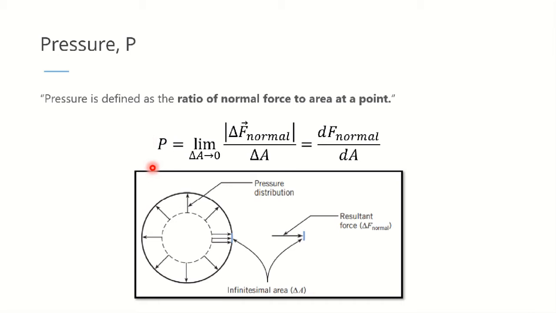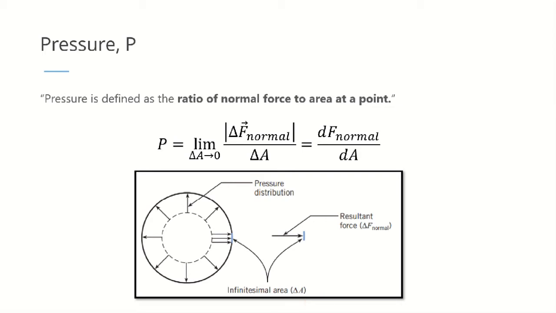So may mga ganun tayong case. Hindi not all the time pare-parehas yung pressure distribution. So kaya gumagamit tayo ng ganitong expression. Well, simply, pressure is normal force divided by area.